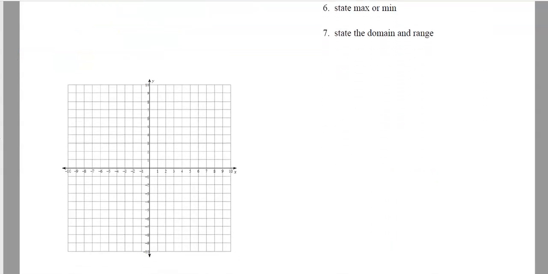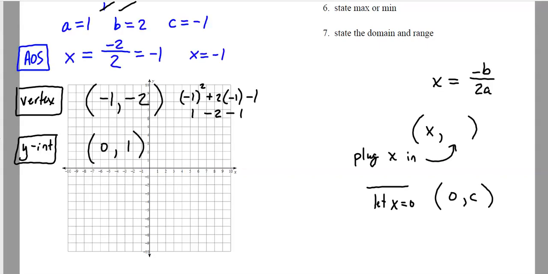All right, so we had a vertex at -1, -2. There's our vertex. And our y-intercept was at 0, comma, and I think I actually messed that up. It should be 0, -1, because that's what C was right here.